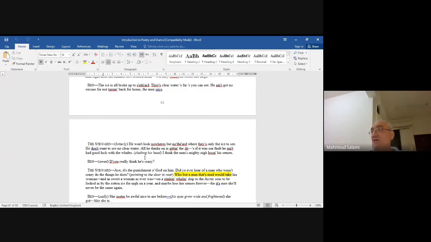It's not our luck, it's his luck that there are no whales. So what can we do about it? It's not our fault. I think the man is mighty nigh losing his senses. Mighty nigh means nearly lost his mind.